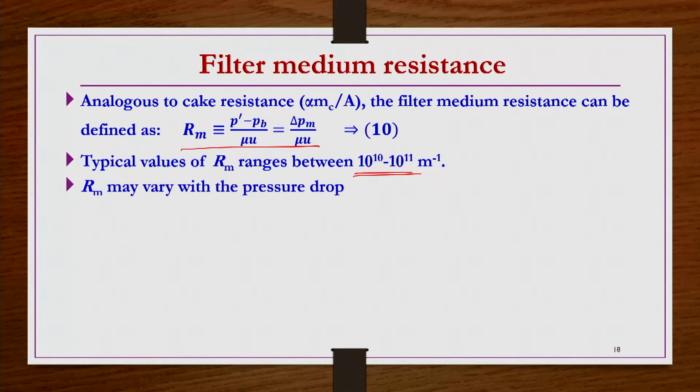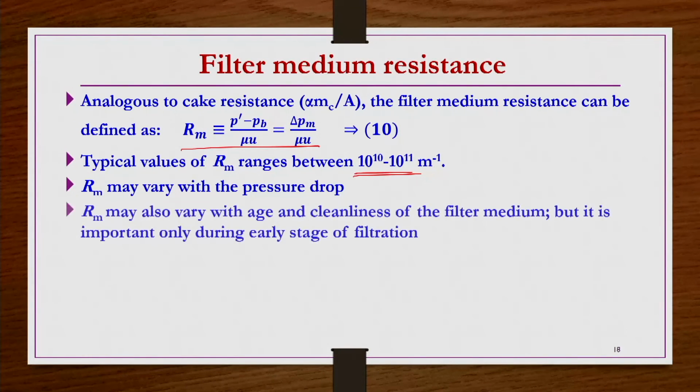Rm may vary with the pressure drop, and may also vary with age and cleanliness of the filter medium, but it is important only during the early stage of filtration, because as the filtration process progresses, more particles are deposited, and the cake resistance dominates over the filter medium resistance.